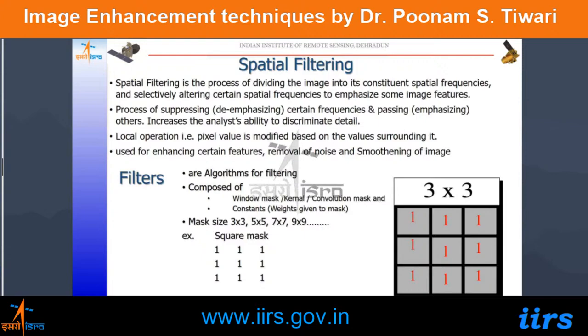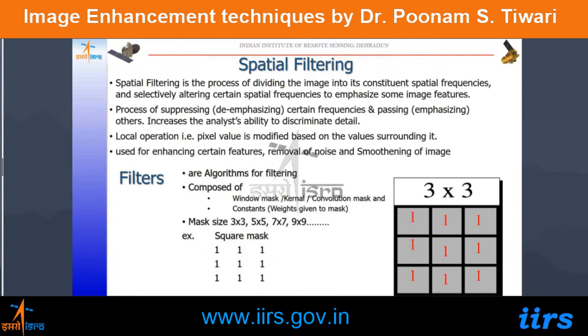Now coming to the filtering. In the convolution or filtering operation, the brightness value at a location in the output image is a function of some weighted average of the brightness values located in a particular spatial pattern around the ij location in the input image.